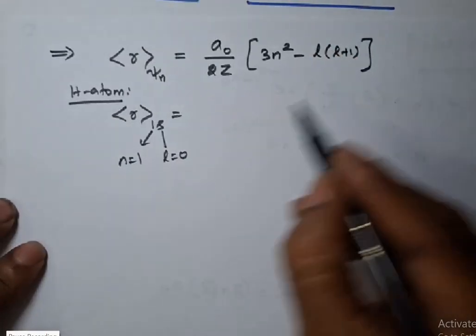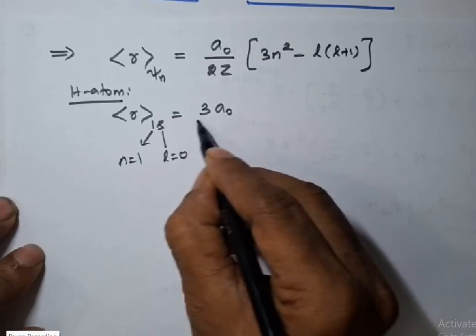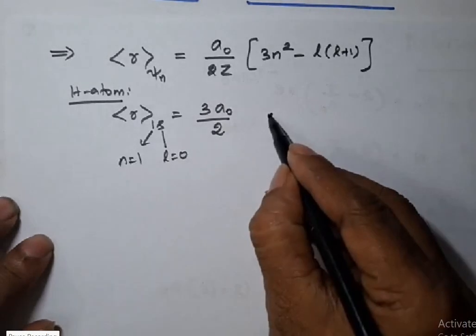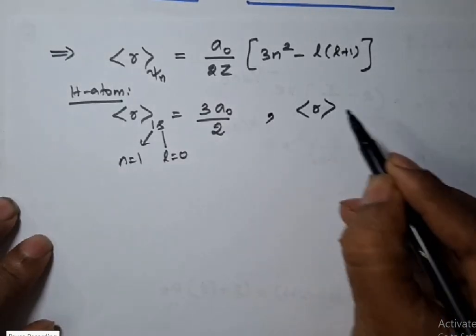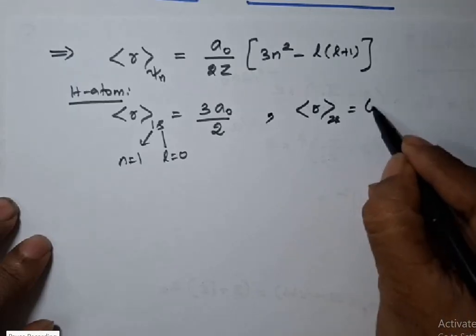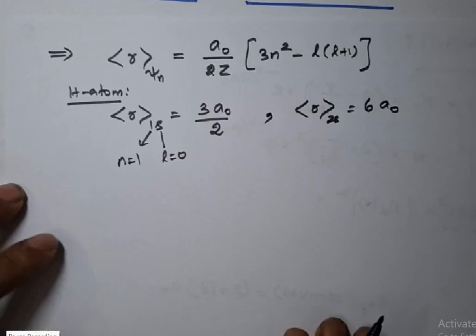What's the answer? 3 a0 by 2. Very good. So 3 a0 by 2 is the average value of r for the 1s orbital. Similarly, the average value of r for an electron present in the 2s orbital, if you do it, you will get the answer as 6 times a0. Just check it.